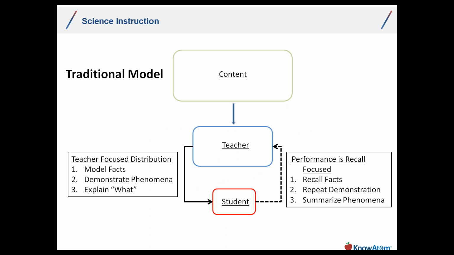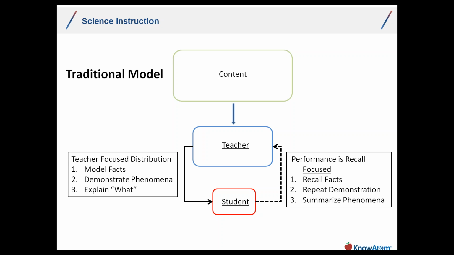There's content out there, and as a teacher, you're the content expert, and students don't know what you know. So what you do is you demonstrate the phenomenon, you model the facts, and you explain what these ideas are. And students recall the facts or repeat the demonstration or summarize the phenomenon to show that they've learned. And that's a very, very traditional model.